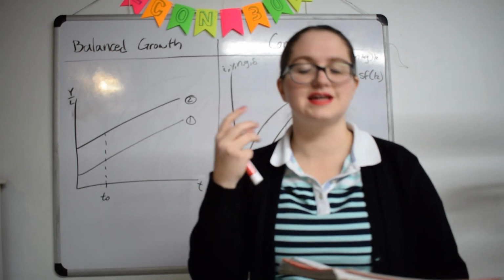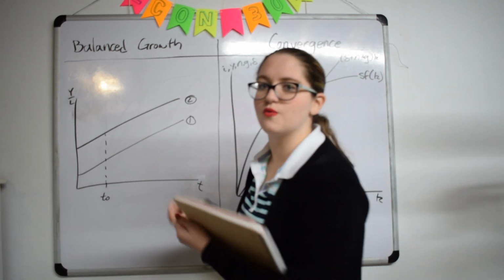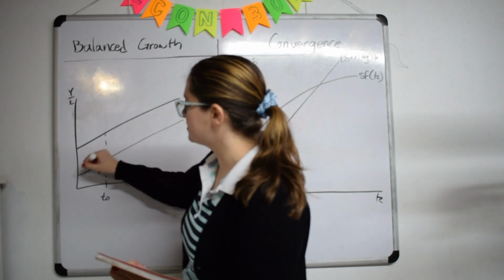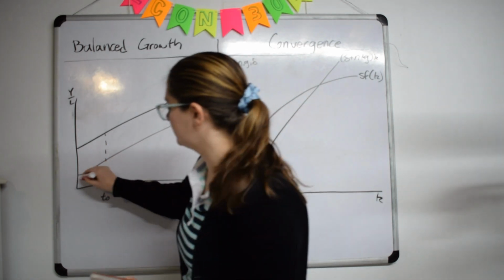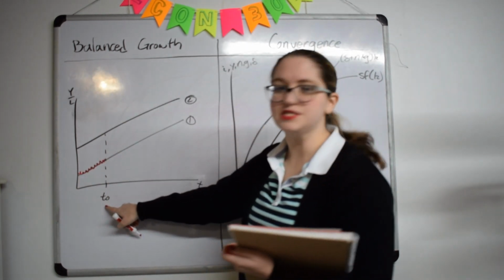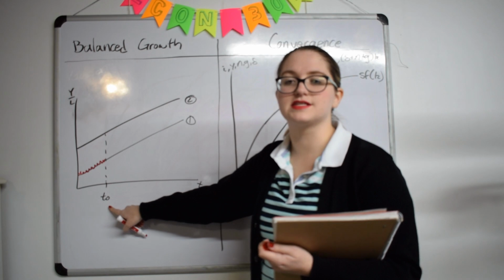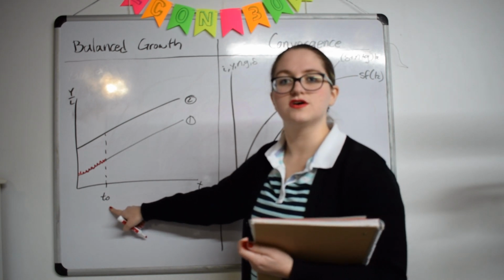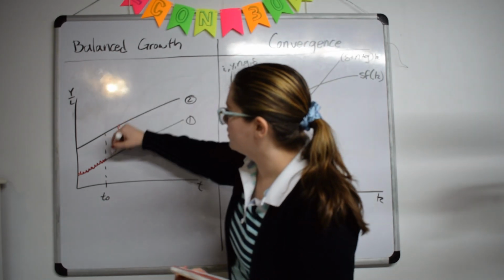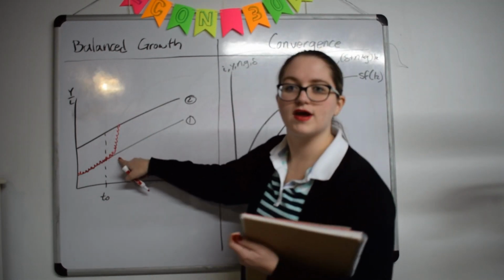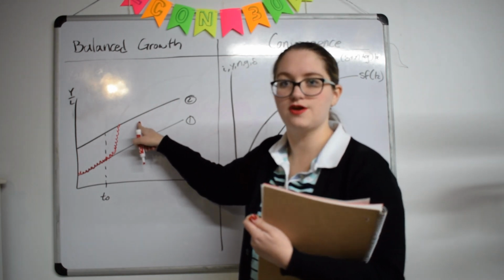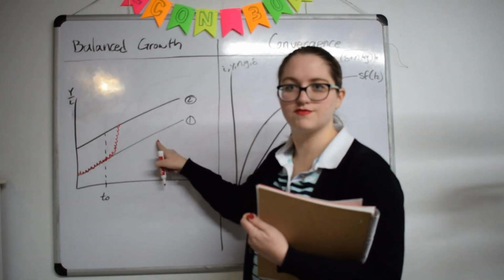assume this is exogenous. So what happens is at first we're on the standard of living path number 1. So we're going along our growth rate, and then at time 0, the economy has a spike in savings. So when this happens, we see a jump in the short run in the growth rate until we reach the standard of living path number 2, which is parallel to the first.